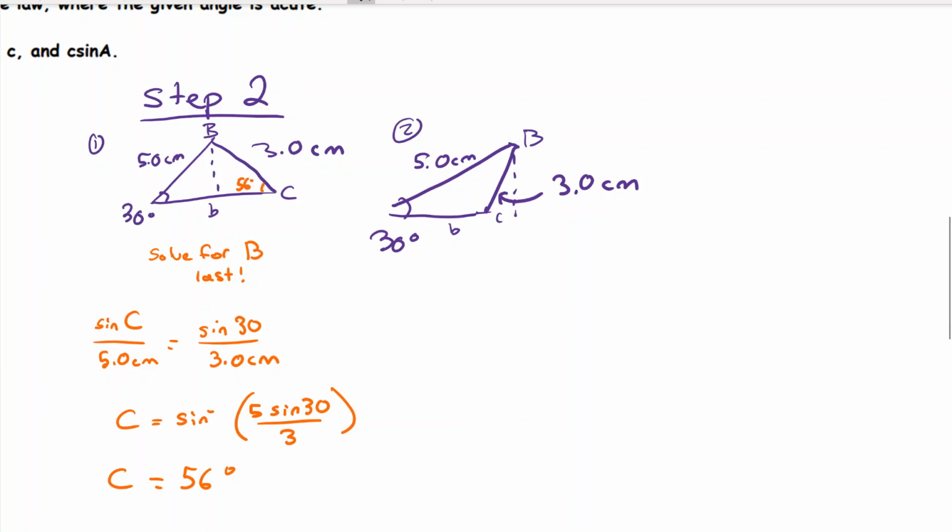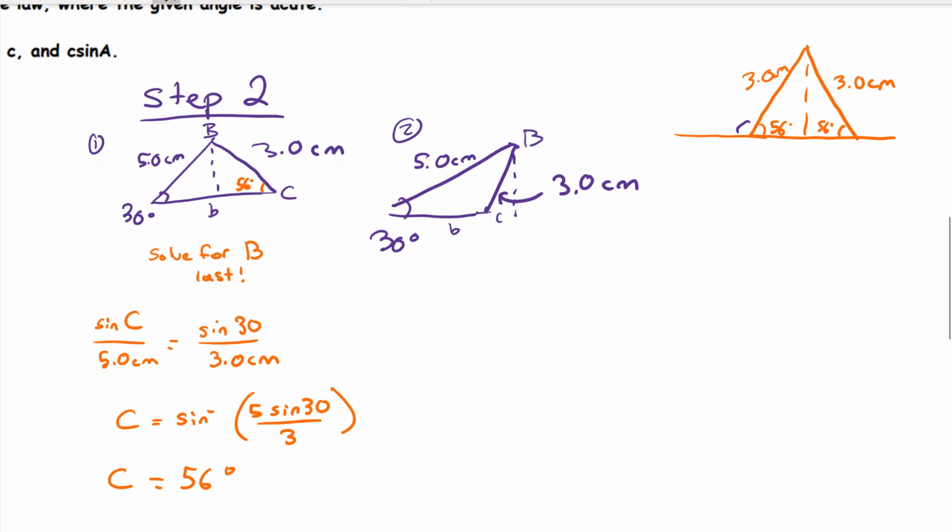Now, if C is 56 degrees in one direction, and I know that this is 3 centimeters, if I went in the opposite direction, also 3 centimeters, well then I know that this angle is also 56 degrees, which means that this obtuse angle right here has got to be the remainder.